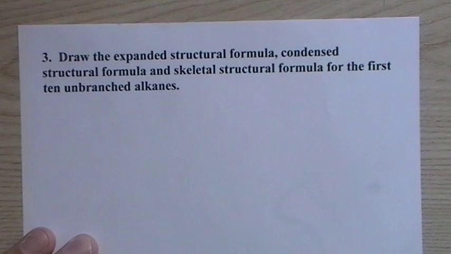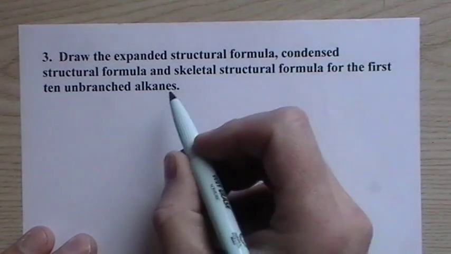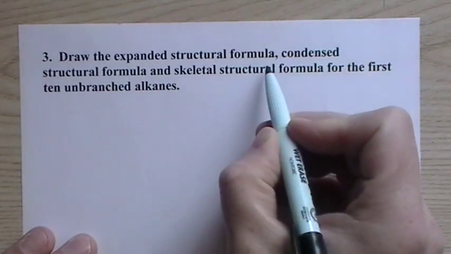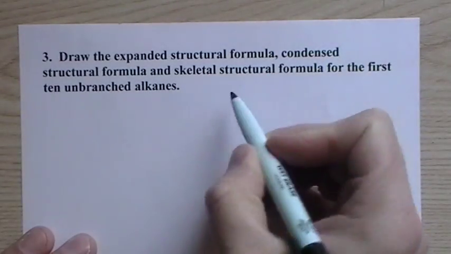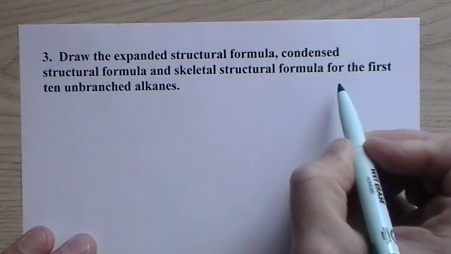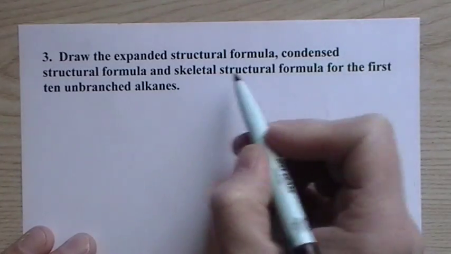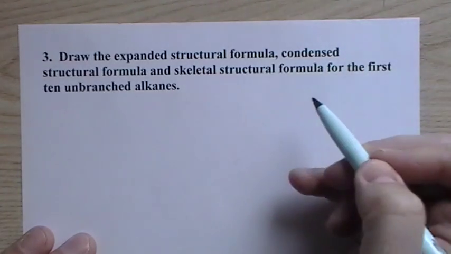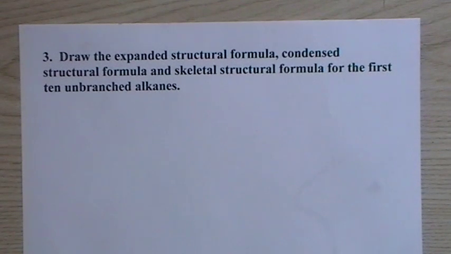Let's see. So 3, draw the expanded structural formula, condensed structural formula, and skeletal structural formula. You can also say the expanded structure, the condensed structure, the skeletal structure. I should mention that the problem with organic chemistry, as far as students' understanding, is that there are so many ways of doing the same thing.